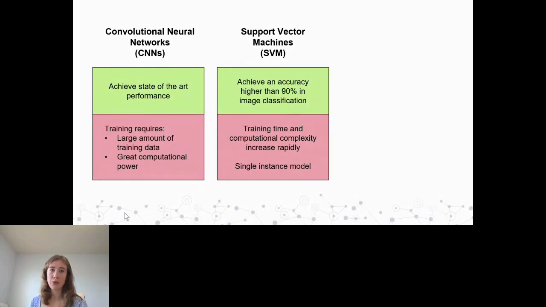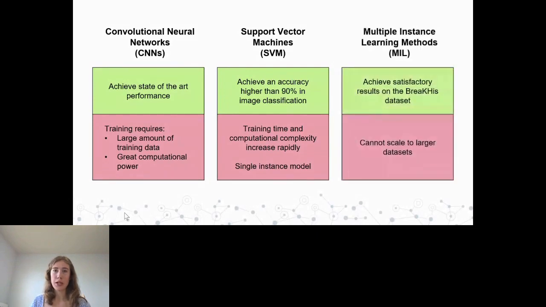The last method I will cover are multi-instance learning methods. These types of algorithms have also been evaluated on the BreaKHis dataset previously with satisfactory results. However, these existing MIL algorithms do not scale well to larger datasets, which makes it hard to use them in practice.